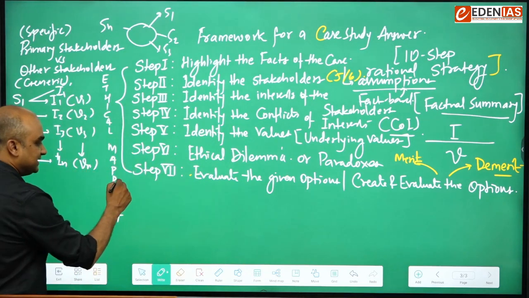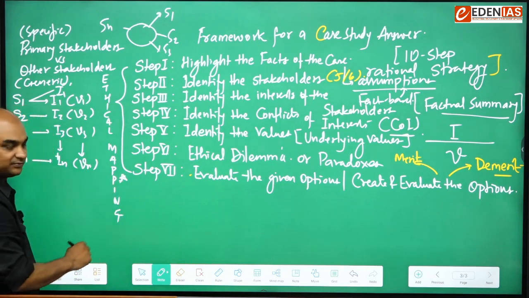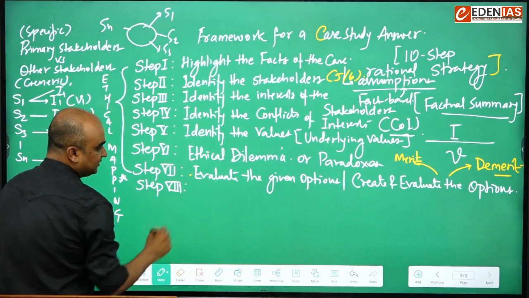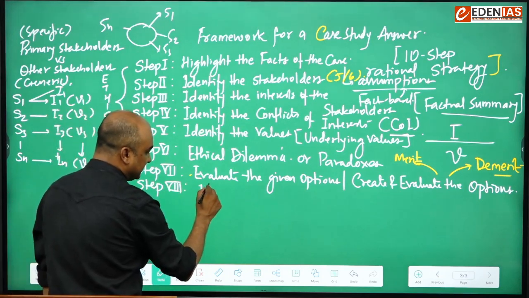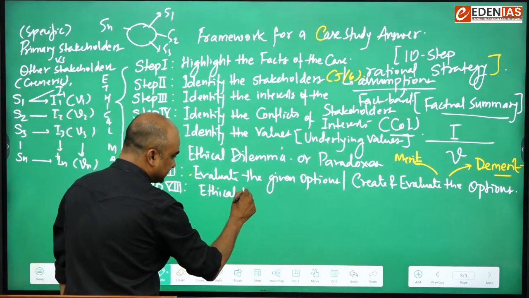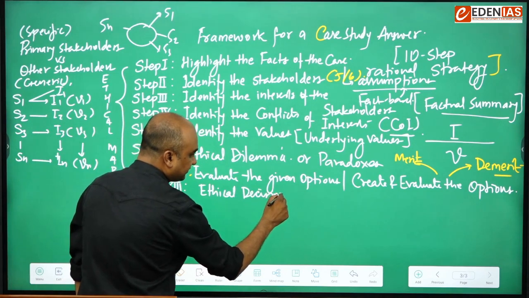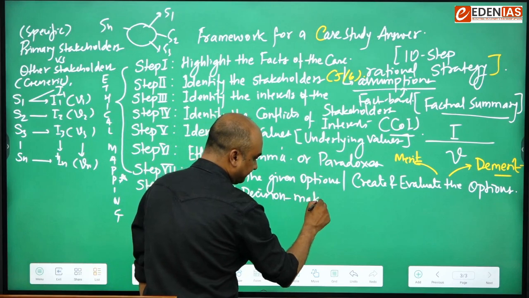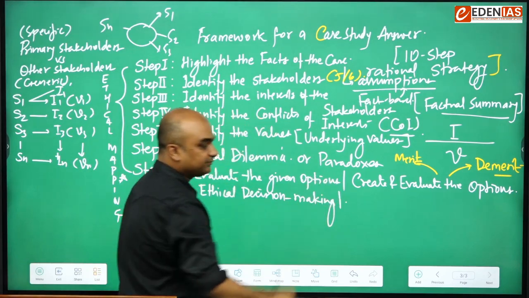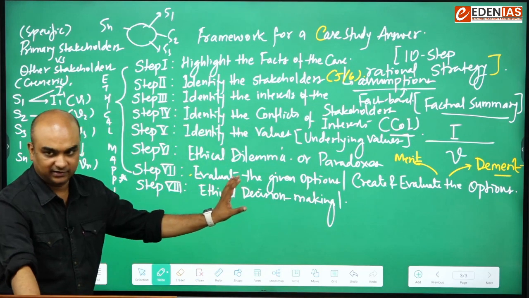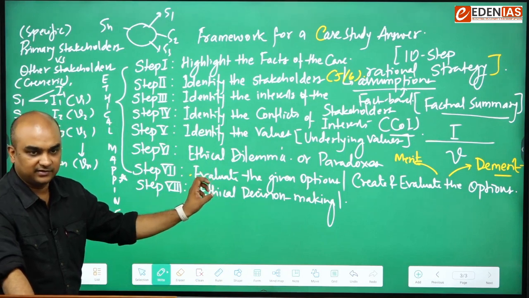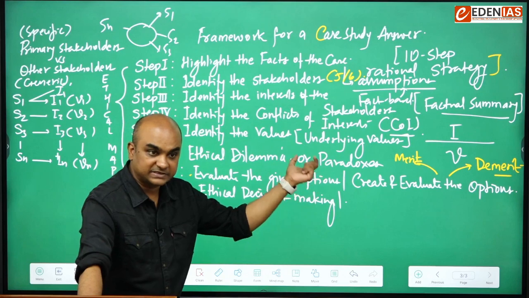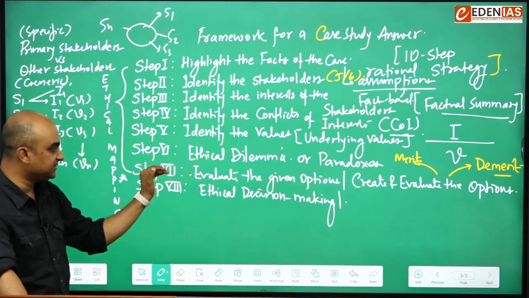Herein lies the maximum marks, which is step number 8, where you have to make the ethical decision, or ethical decision making. Whatever decision you are opting for, you have to opt for it in the light of the previous step.